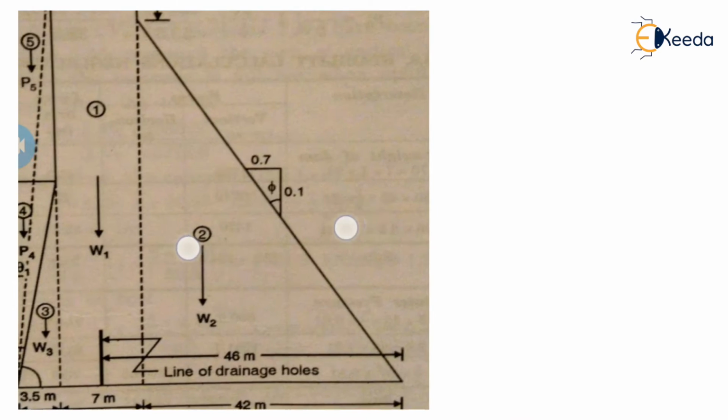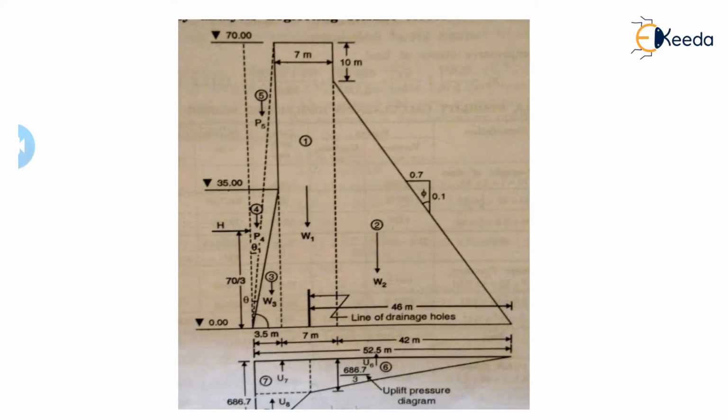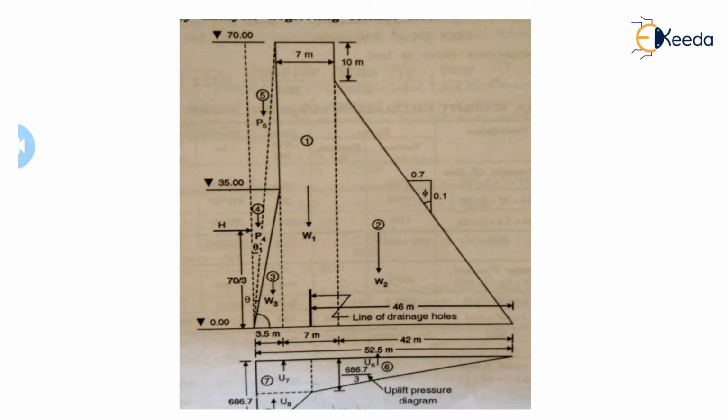And as we had discussed in the self weight of a dam, when this type of section is given, we have to find out the two forces, which are the horizontal pressure and the vertical pressure. The water pressure will be resolved into two directions, horizontal as well as vertical.